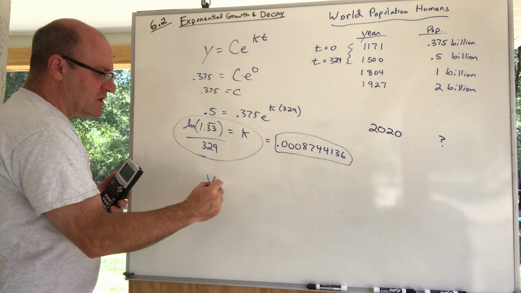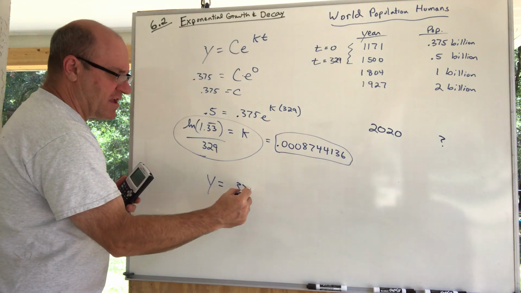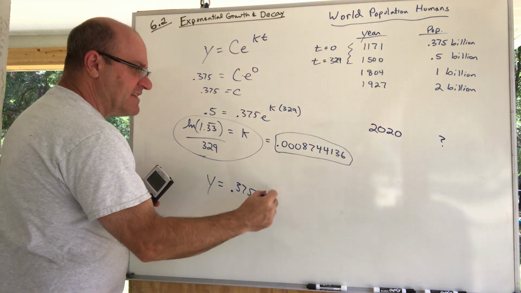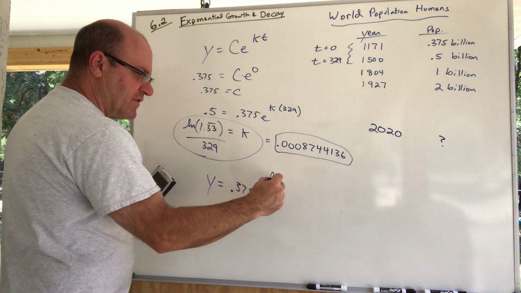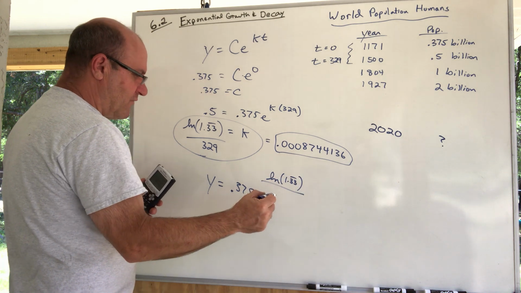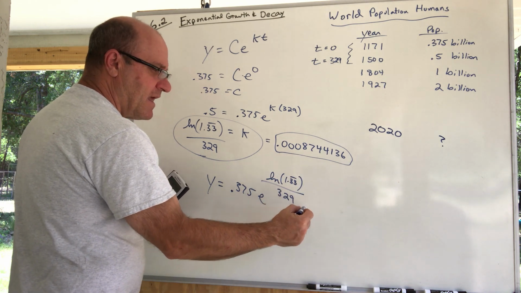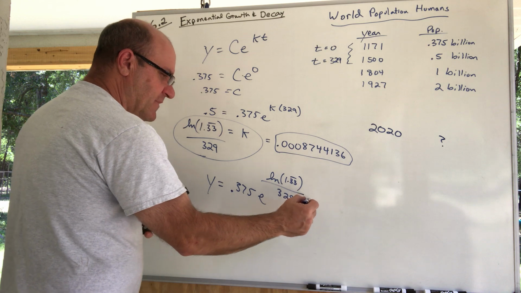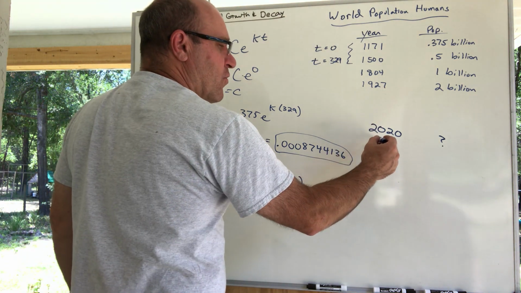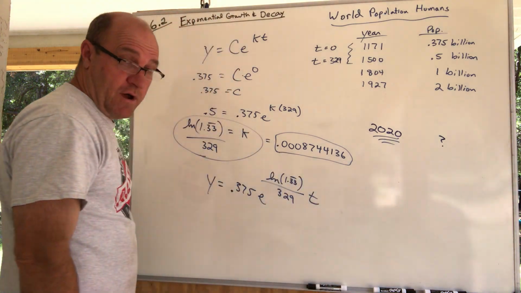So y equals my c, this starting amount of people in the year 1171, times e to the k, 1.33 all over 329 times t. This is the model, and then I wanted to predict what the population would be in 2020.